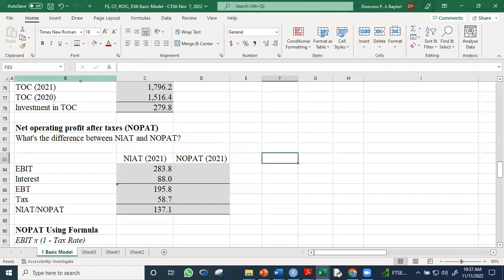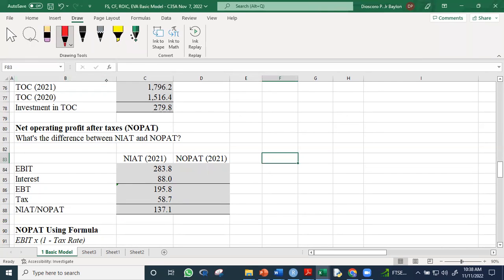So you notice for your NIAT, we deduct the interest expense. Interest expense is to be deducted. Now, as far as NOPAT is concerned, since this is operating, it should not involve the financing cost. Because it's unfair for the operations of the firm to be charged with the interest when they do not have control over this.